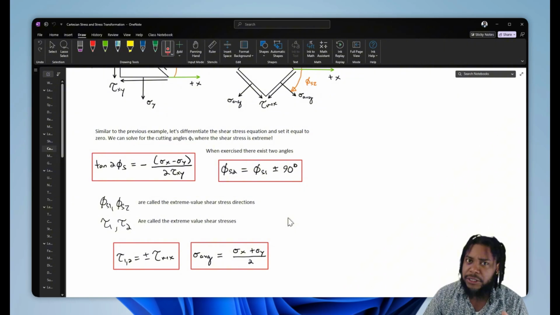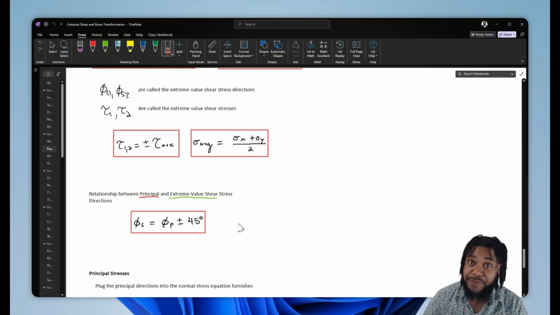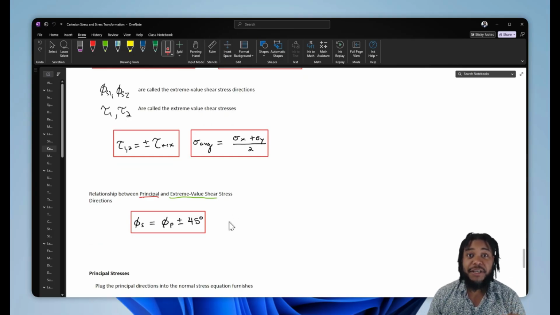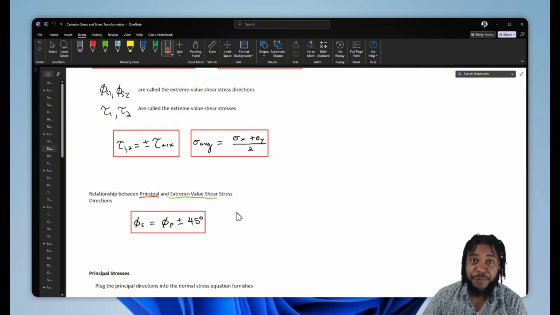Now, if we do a little bit more mathematics, we will find a relationship between the angles where principal stresses are maximized and shear stresses are maximized, where the phi s, or the angle for shear stress, is equal to phi p, the angle for principal stresses, plus or minus 45 degrees.